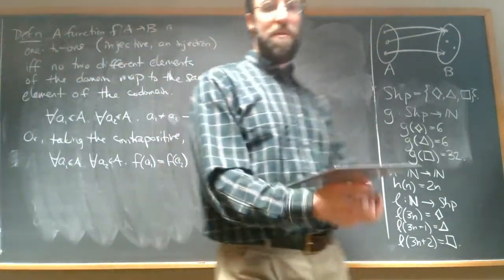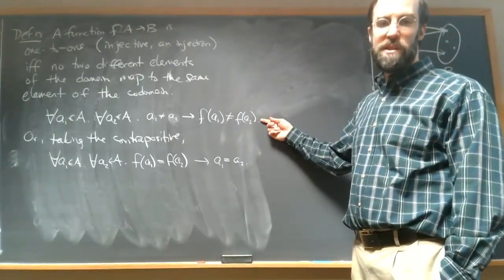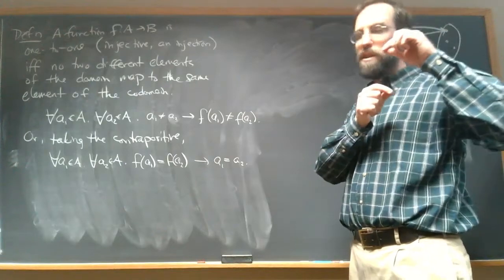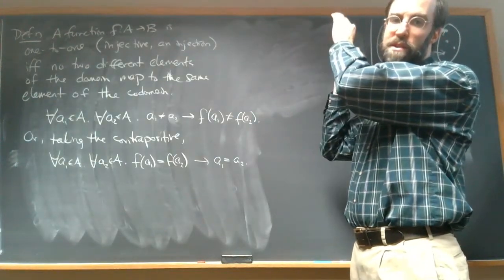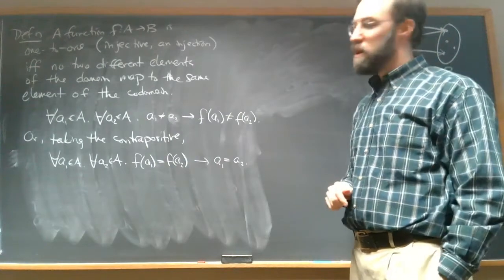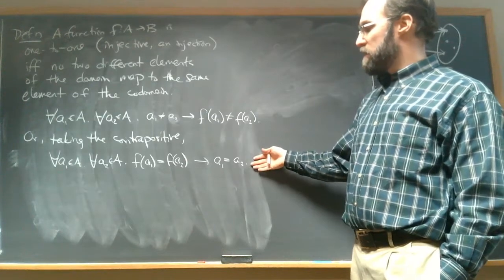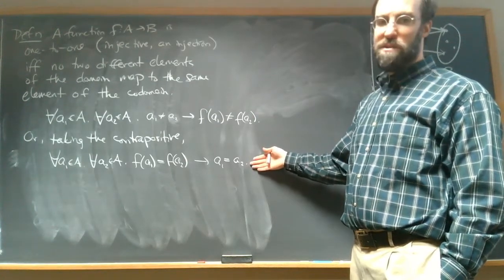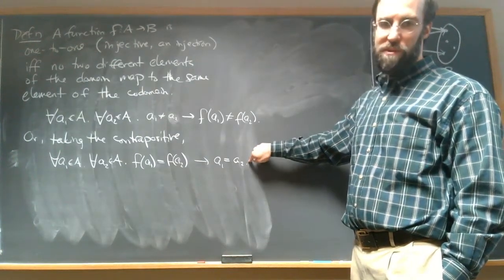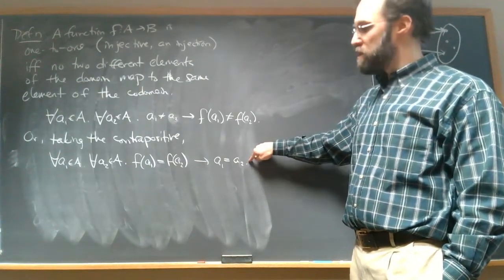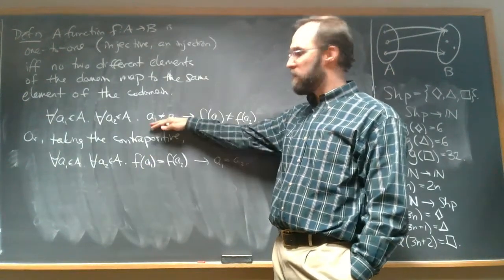Okay? That first formulation seems a little more intuitive to us, that this is what it means, right? That if I have two different things in my domain, when I go across, they are still different after I apply the function to them. However, we know that the contrapositive is equivalent, and this way, it turns out, is much nicer to work with. So if you want to prove that something is injective, we will usually use this form, because it's much nicer to assume that things are equal. You can do a lot more things with that than assuming that some things are not equal.